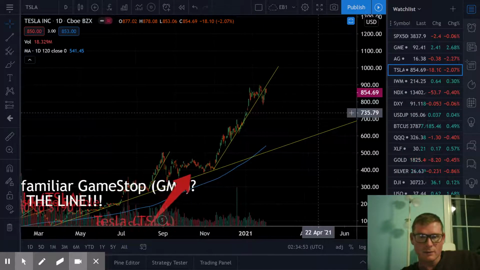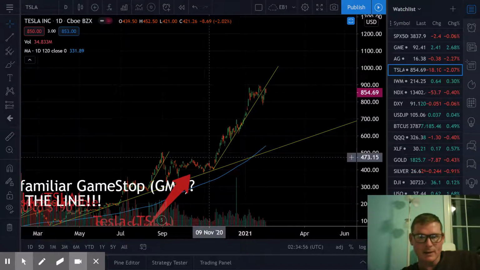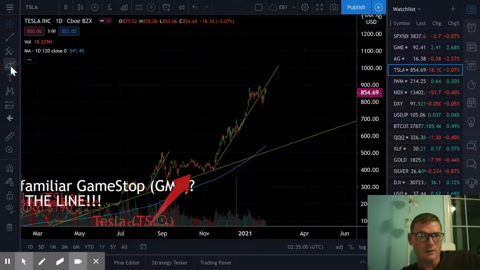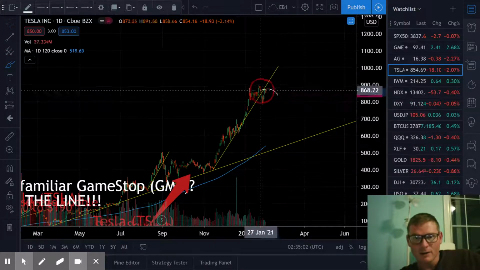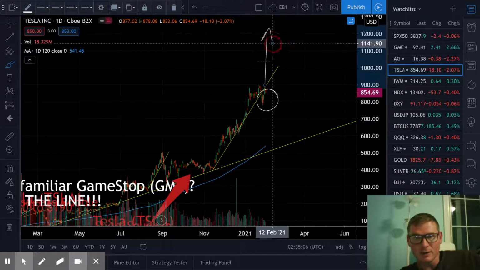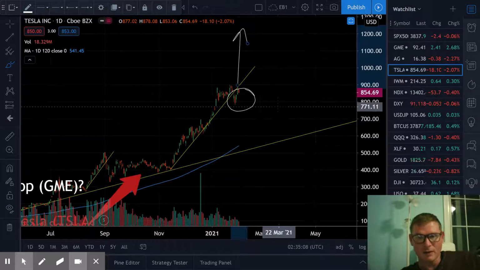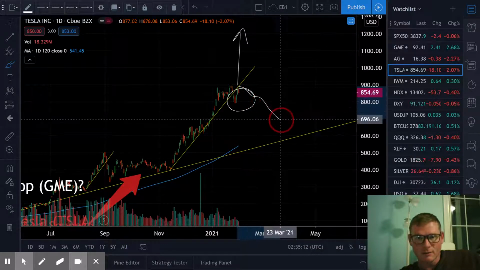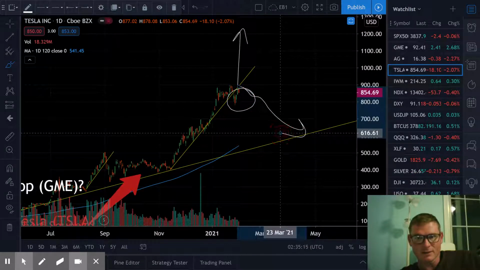With this breakdown, it's going to do one of two things from here. This is either a false breakdown, and we're going to fire at an even higher, parabolic looking thing, or we're going to roll over here and probably come back down to test this support level.